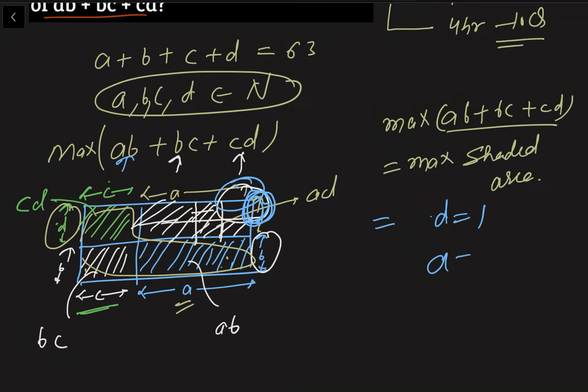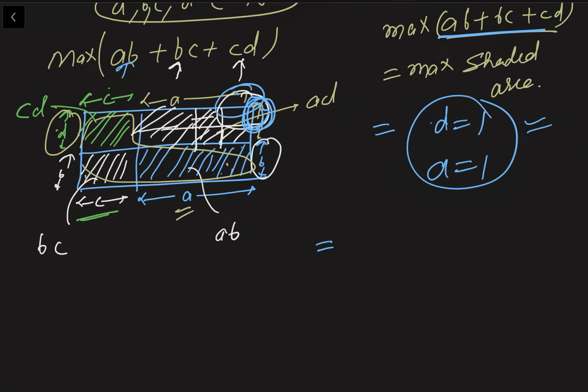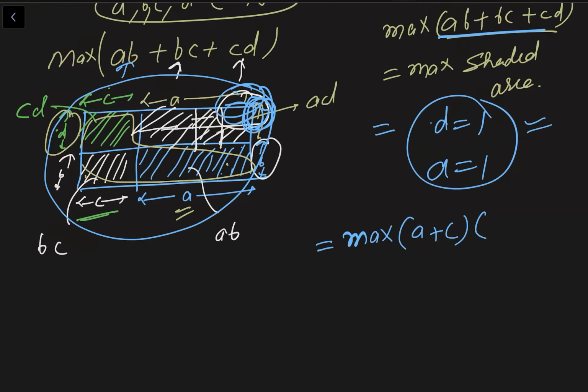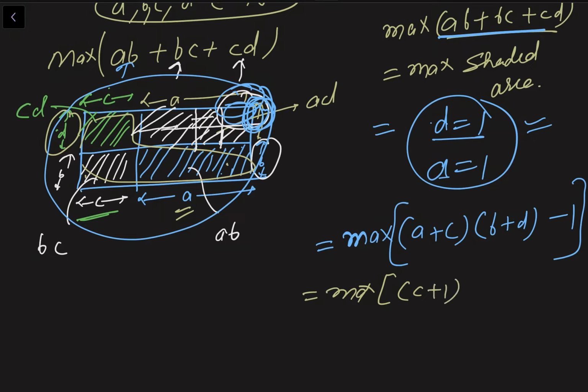Well and fine. So now we have 4 variables, 2 variables are sorted out. Now I need to maximize this thing. This quantity is actually the area of this minus this area. So I can say that A plus C into B plus D minus 1 is what we need to maximize, but we know that D is 1, A is 1, so it is maximize C plus 1 and B plus 1 minus 1.